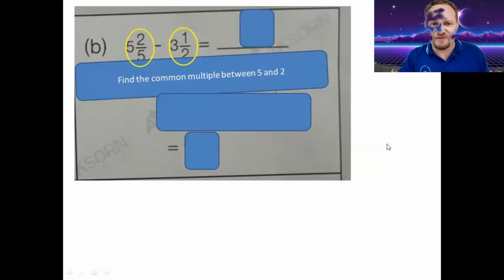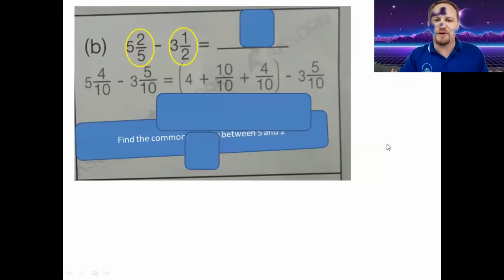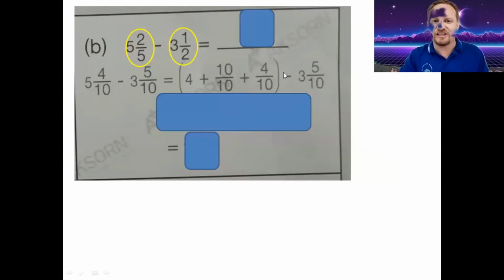2 ways to do this one. Let's have a look. The book did it this way, which looks slightly confusing. But if you look at the brackets, inside the bracket, it says 4 plus 10 over 10 plus 4 over 10. Well, what the book did was find the common multiple between 5 and 2, which is 10.